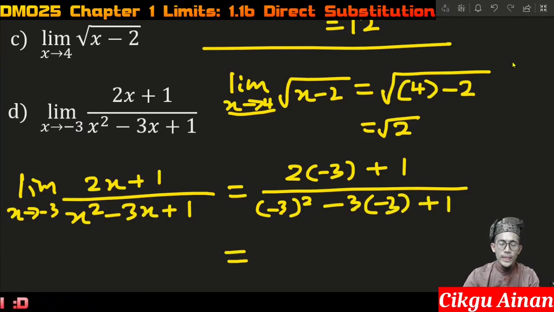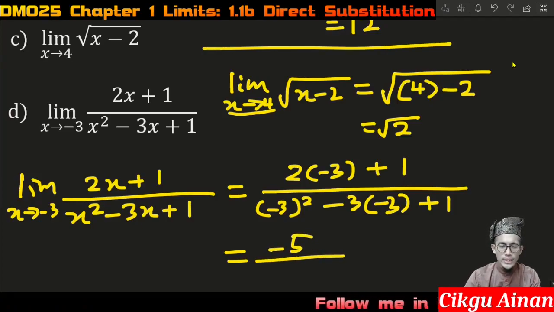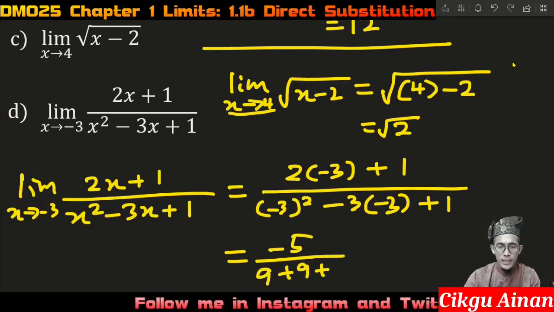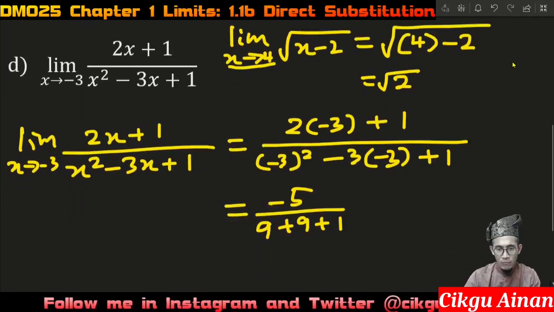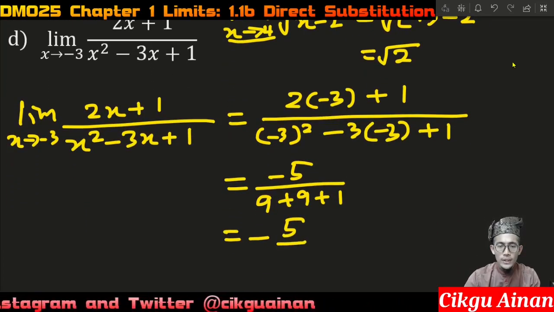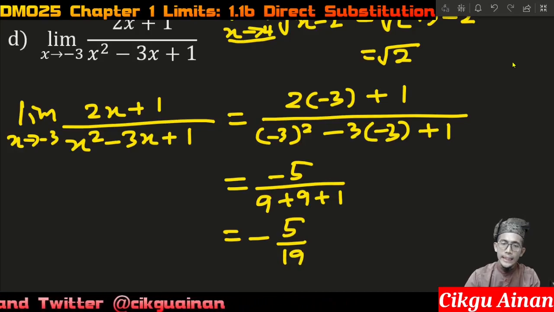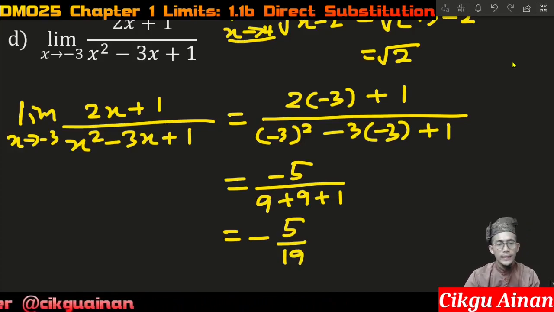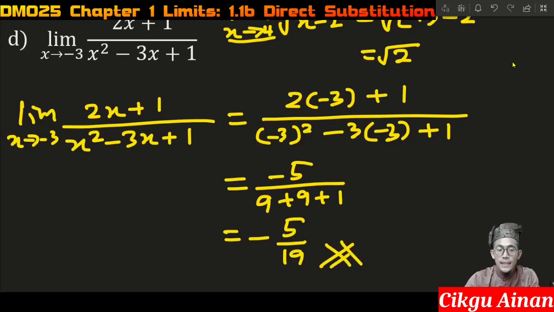So that is minus 6 plus 1, which is minus 5. Down there is 9, plus 9, plus 1. So it's minus 5 over 19. Correct. Okay, so this is the answer.